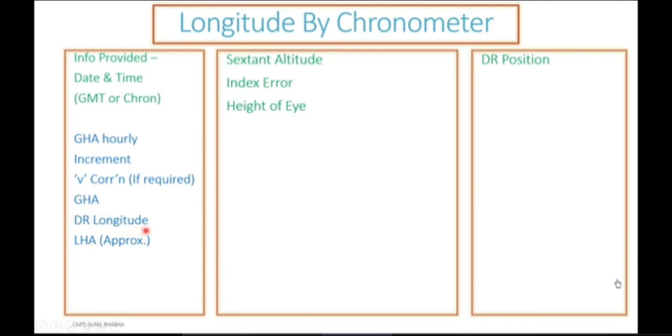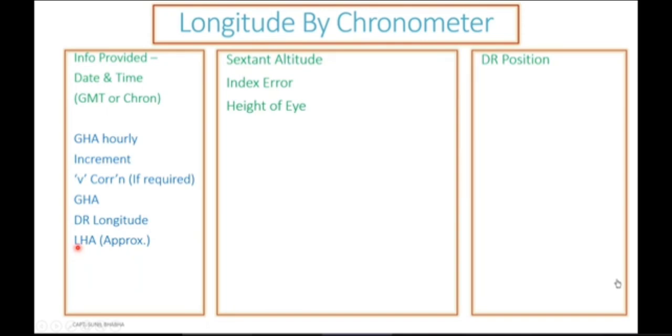However, there could be an error in the DR longitude, giving an error in the LHA also. That's why we have written approximate here. The second reason is that later on in the question, we will be finding the exact LHA also. And just to distinguish between the two, we have marked it as approximate.